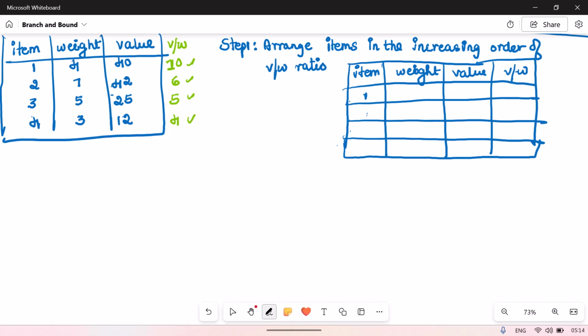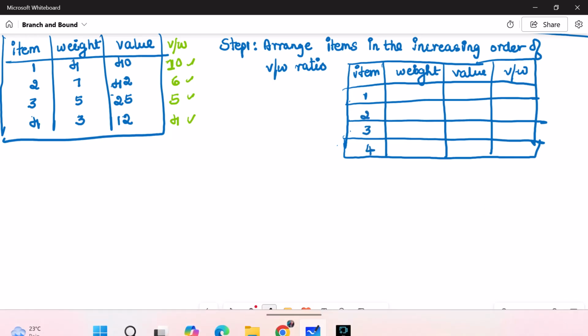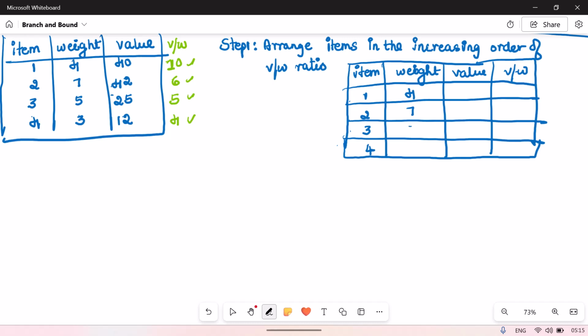So 1, 2, 3, and 4. Weights 4, 7, 5, 3. Values 40, 42, 25, and 12. So these ratios are 10, 6, 5 and 4. Okay.